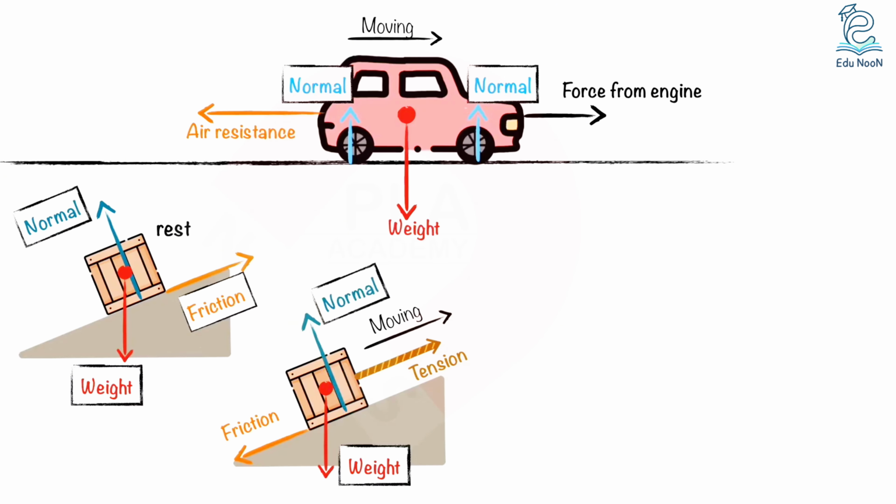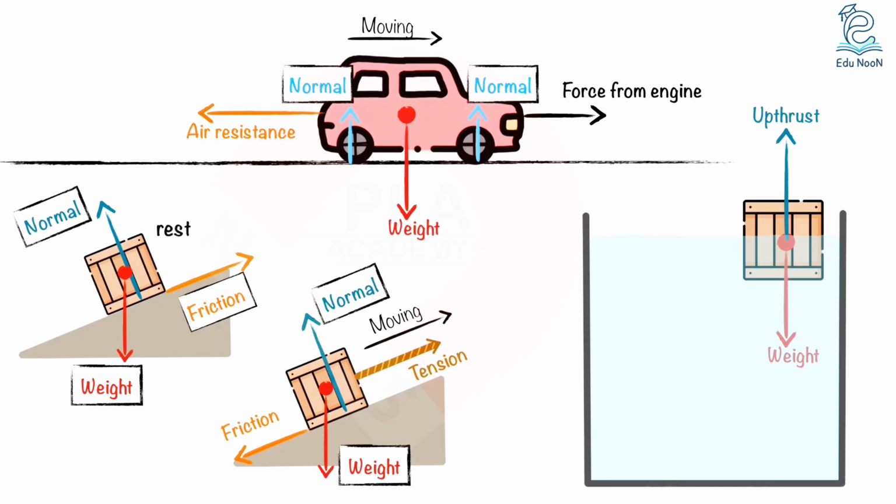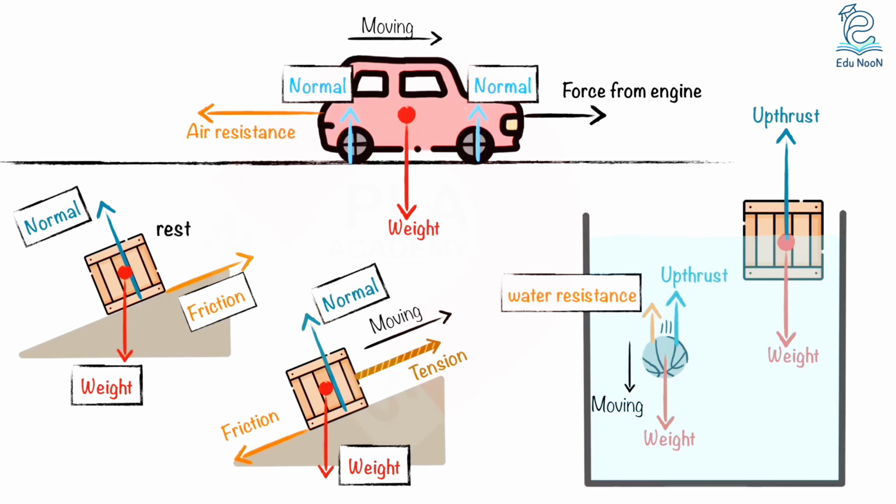When a box floats on the water, the forces acting on the box include the weight acting downward and the upthrust acting upward. When a metal sphere is moving downward through the water, the forces acting on it include the weight acting downward, the upthrust acting upward, and the water resistance acting upward.